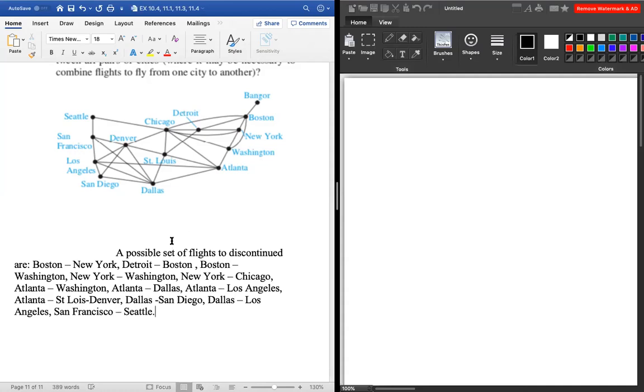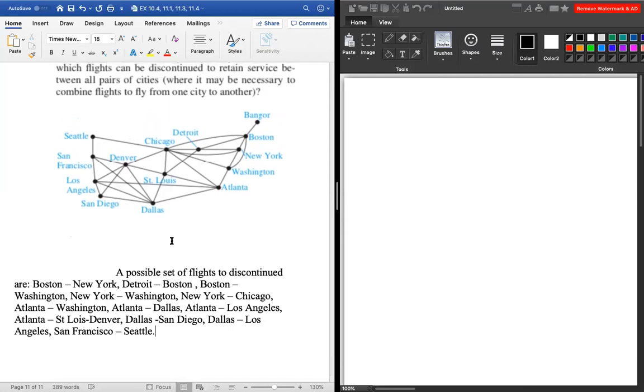So these are an example of some of the flights that can be canceled out, and still there will be a way to reach that destination through some other city. So there are different possibilities in this sort of graph, because there are many destinations and the airline is operating in way too many cities. So they can save money by cutting out some of the flights from these destinations.